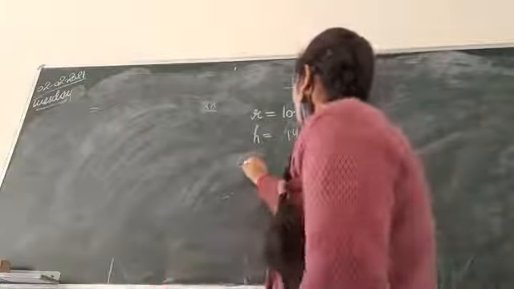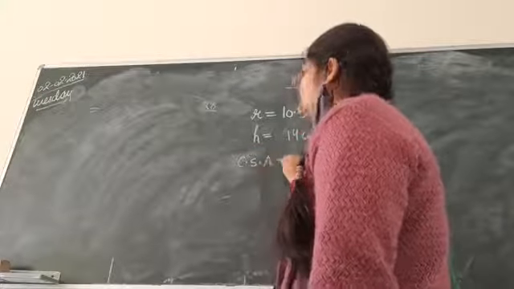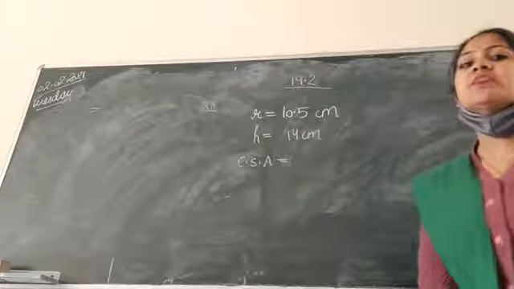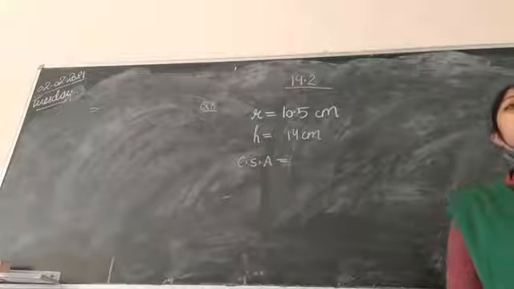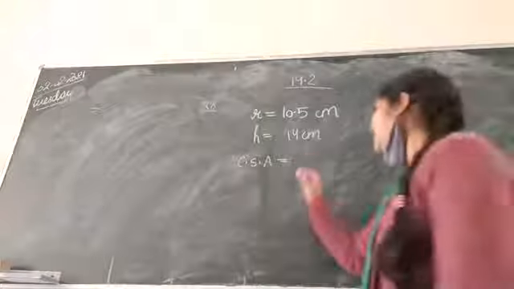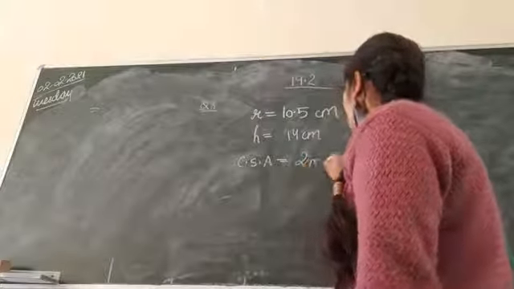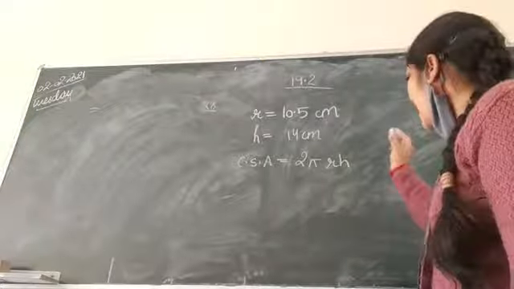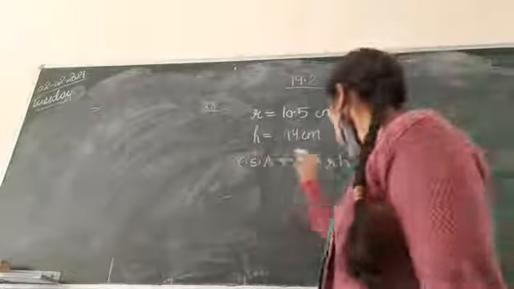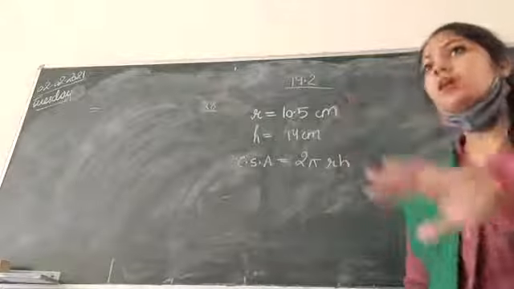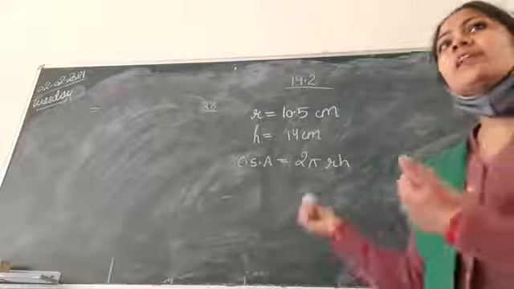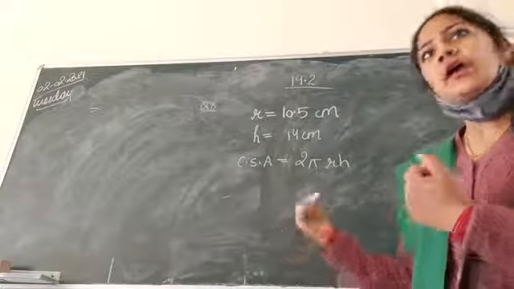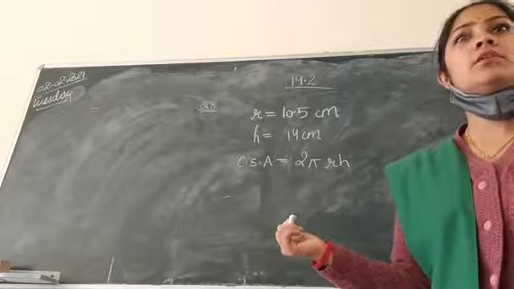Now we will find first curved surface area. What is the formula for curved surface area? Very good. 2 pi r h, right? Okay, we will find the area of circle later and add to it, or we can add here also if you wish. Here?